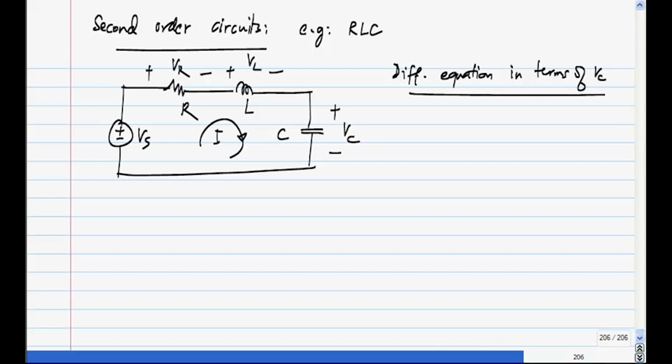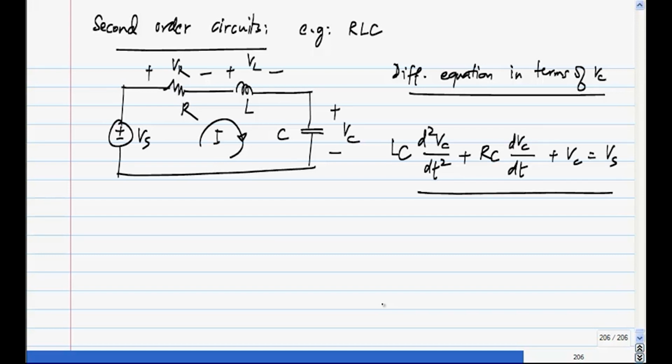I will also derive the differential equation. You can compare your answer to what I get. You do get a second order differential equation, which is LC times the second derivative of VC plus RC times the time derivative of VC plus VC equals Vs. So you get that, and all you do is write KVL around this loop: VR plus VL plus VC equals Vs, and then express VR and VL in terms of VC.